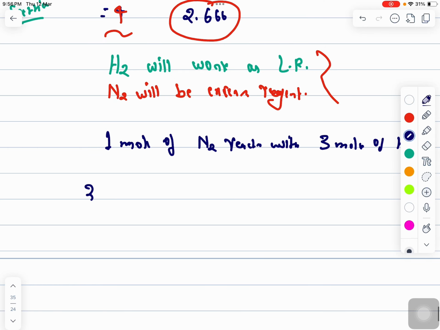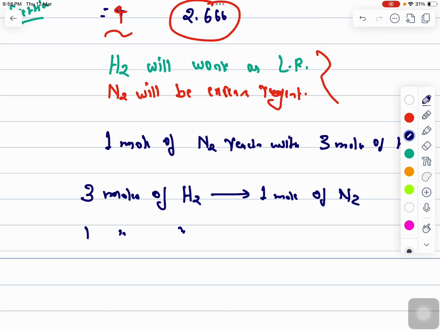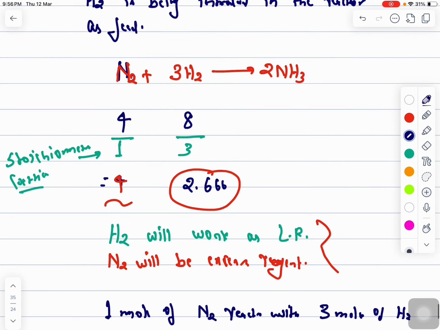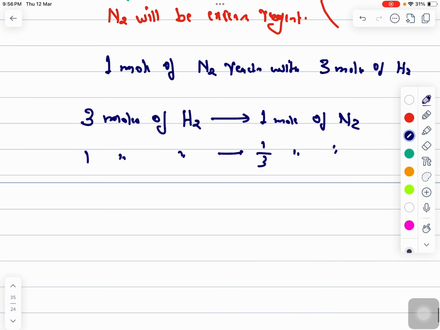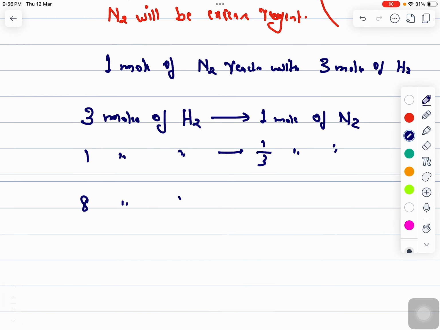So 1 mole of hydrogen will react with 1 by 3 moles of nitrogen. 8 moles of hydrogen were supplied, so 8 moles of hydrogen will react with 8 by 3, that is 2.66 moles of nitrogen. That much nitrogen will get reacted, right?